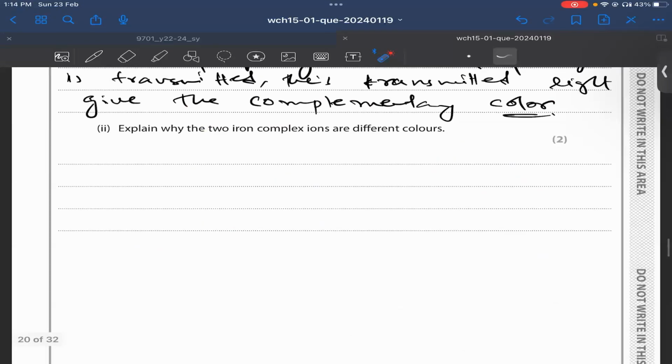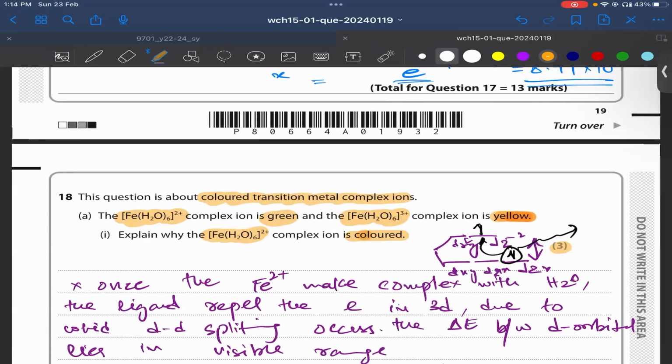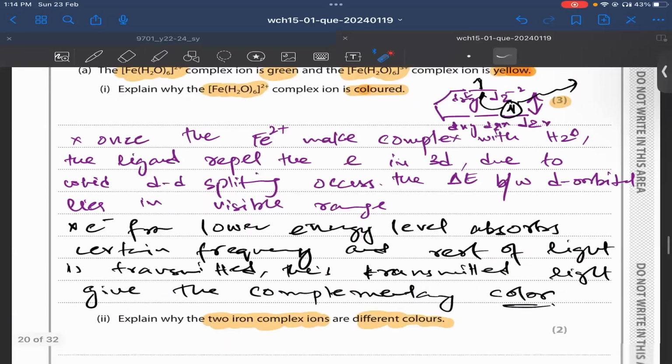Explain why the two iron complex ions are different colors. Fe(H2O)6 3+ is yellow. So why are they of different colors?